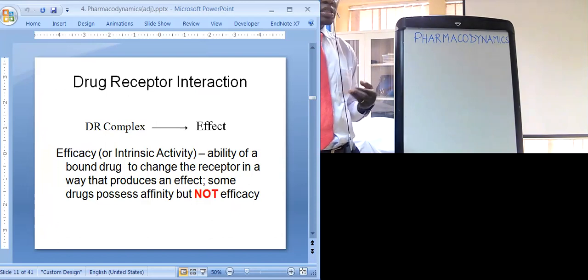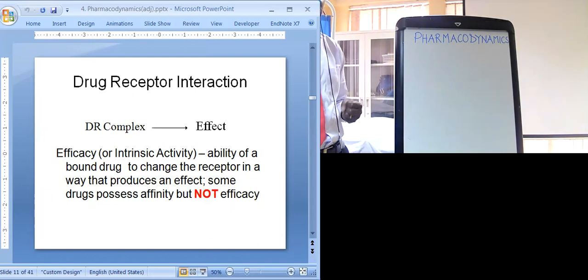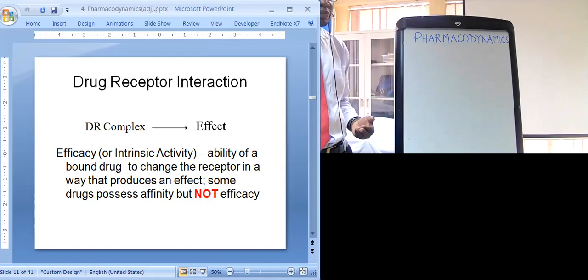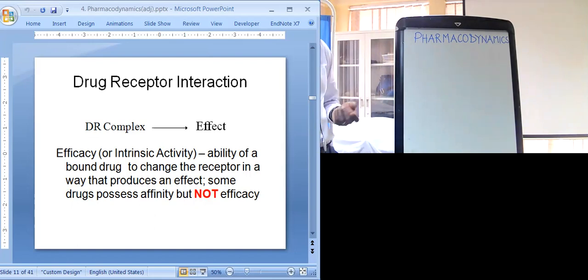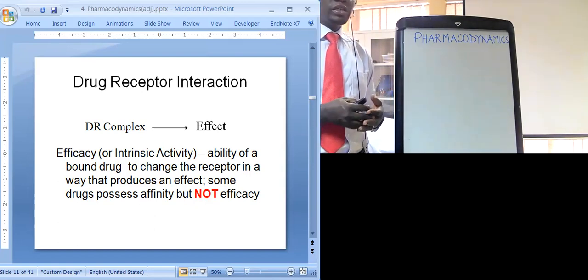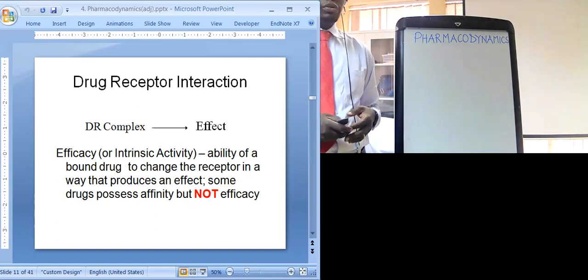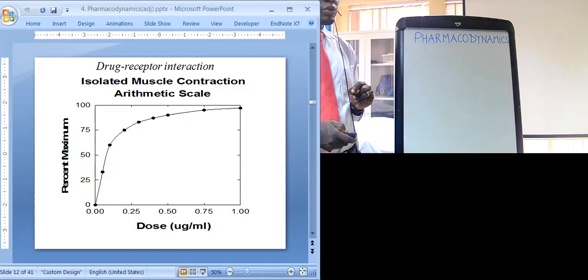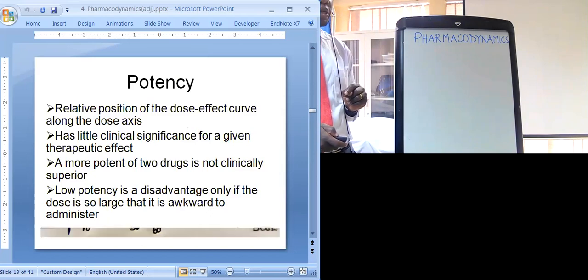So with efficacy, there is binding, which is affinity, and then we also have an effect. And so we also differentiated between affinity and efficacy, where affinity is basically the ability of the drug to bind. But if it goes ahead to create an effect, then we refer to that as efficacy. Right. So we want to continue from where we ended.